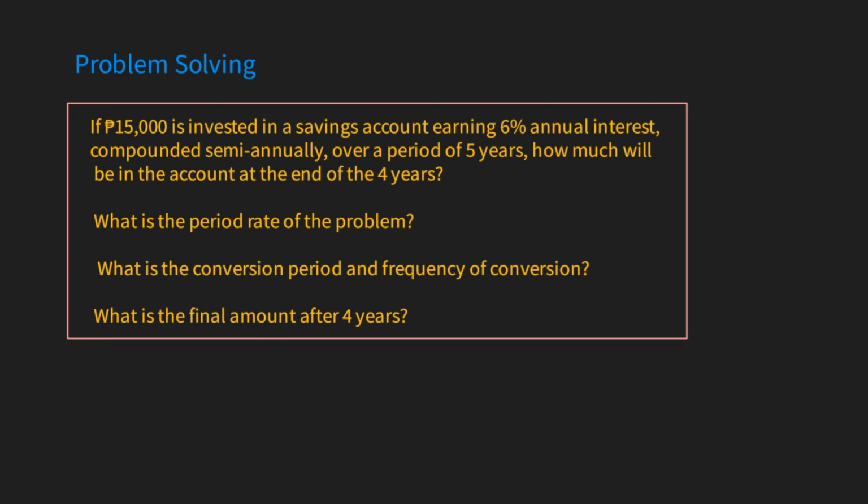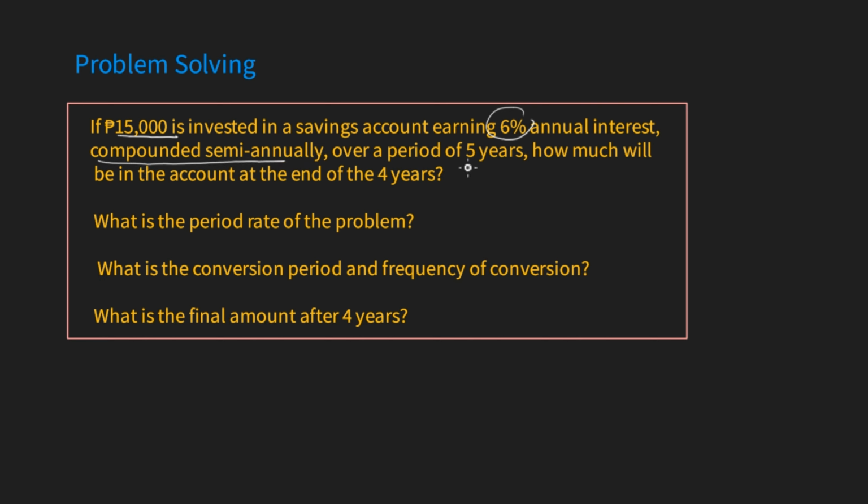Okay, so let's first understand the problem. You invested 15,000 pesos, and the rate is 6%, compounded semi-annually.